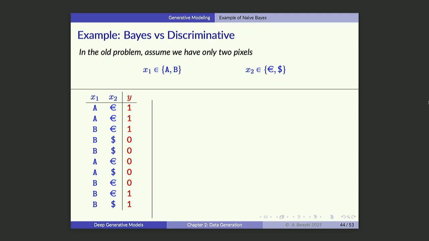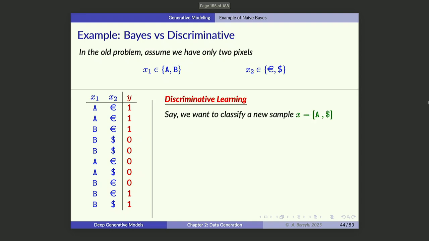But there is no reason that if, for example, euro has been 1, it's always 1. Maybe sometimes it's 1, sometimes it's not. So it's a probability distribution, not a deterministic problem. Now I want to classify this sample: A and dollar sign. And you can see that A and dollar sign is labeled 0 here.